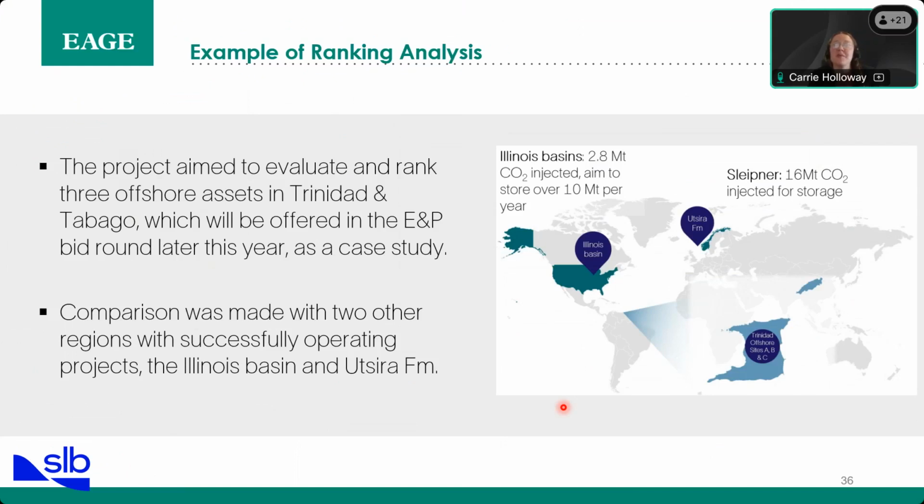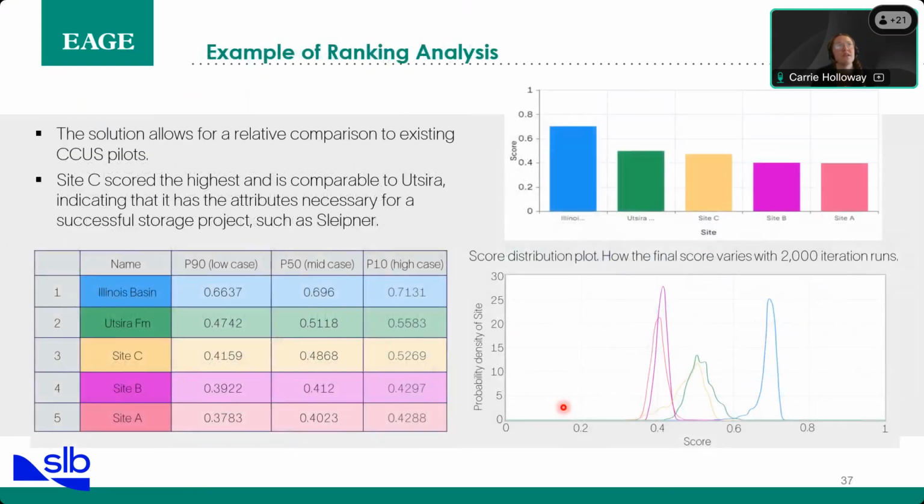So the comparison was made between the 3 sites, which we'll call A, B, and C. And it was made between these sites and also the Illinois Basin and the Utsira Formation, where we have currently operating project. So these were our benchmarks. So the solution allowed for the relative comparison to those existing sites.